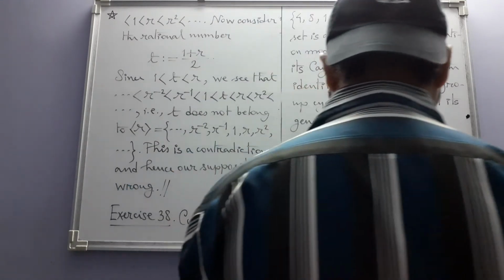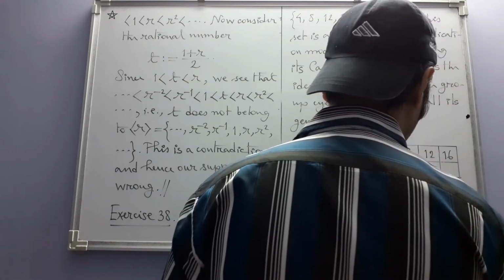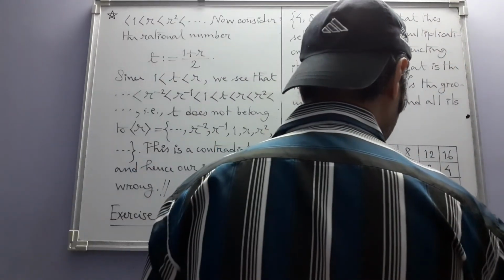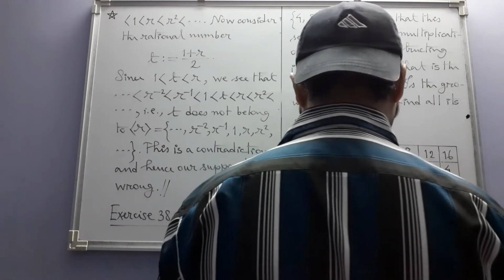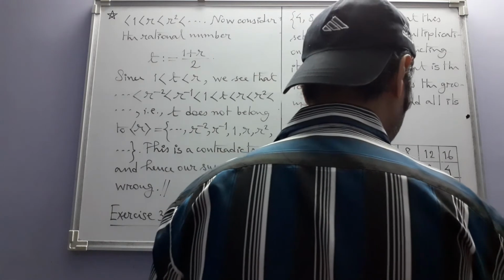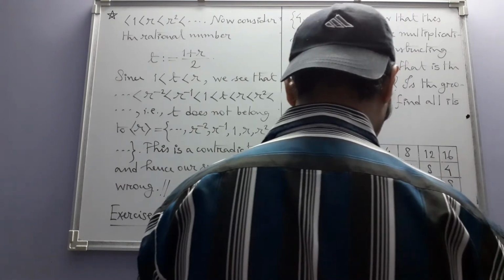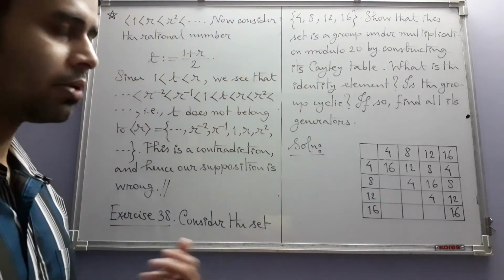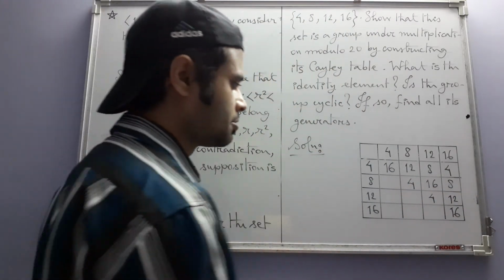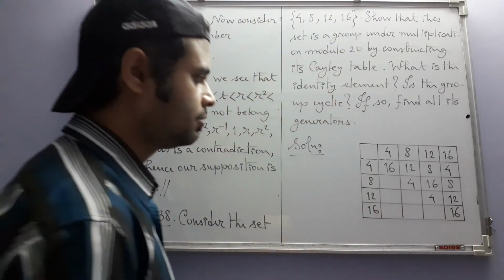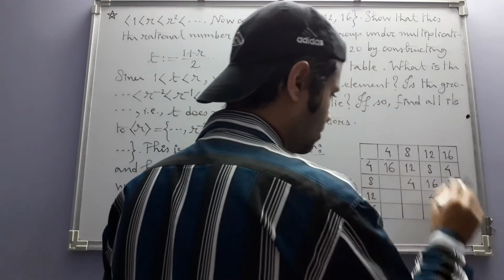So you can calculate and you will see that you get these things. 16, 12, 8, 4, then 4, 16, 8, 4, 12 and 16. Because the operation is commutative, the lower diagonal half of the Cayley table can be found from this one itself.